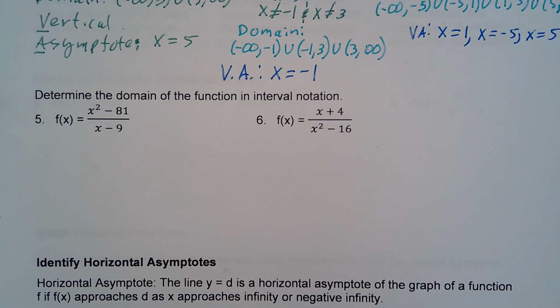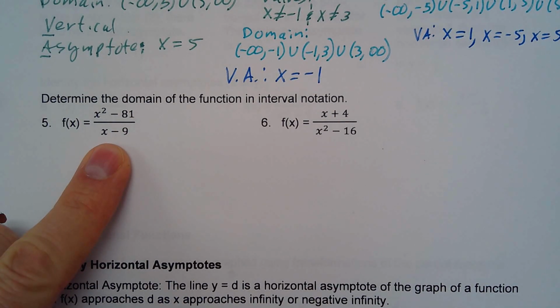So let's go ahead and look at number 5 and 6. Now, here we're determining the domain of the function in interval notation. So I'm not going after vertical asymptotes or anything. All I'm looking at is the denominator. Here we have x minus 9 in the denominator.